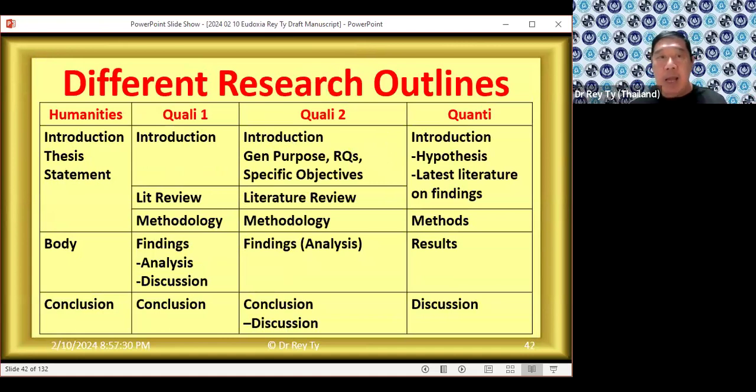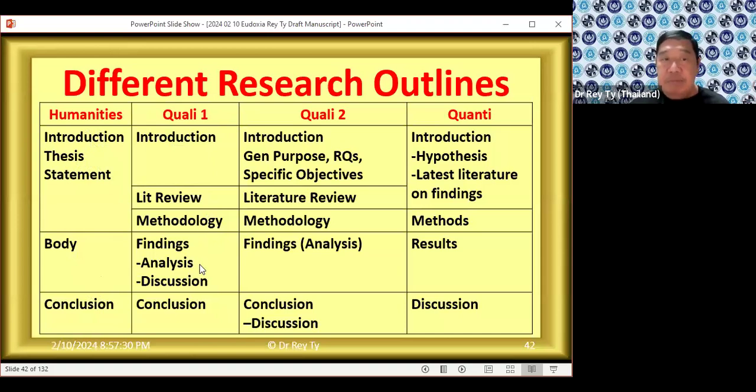Okay, so here I showed the different outlines. For humanities, when you write a paper or abstract, you have introduction with the thesis statement, the body, and conclusion. A conclusion is just confirming or rejecting the thesis statement. That's simple. In qualitative research, number 1, introduction, separate literature review, separate methodology.